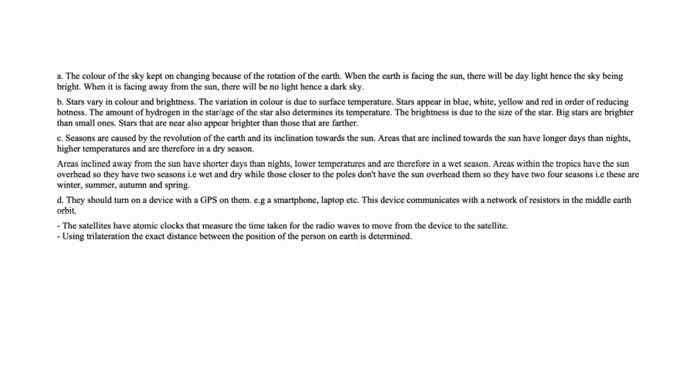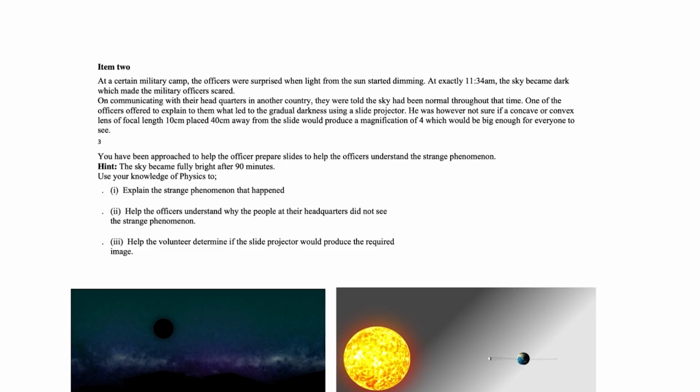And lastly, you can also say using trilateration, the exact position of the person on Earth is determined. So that is how you can sum up the responses of item 1. Look at item 2.